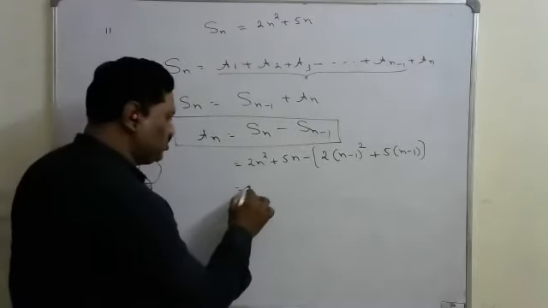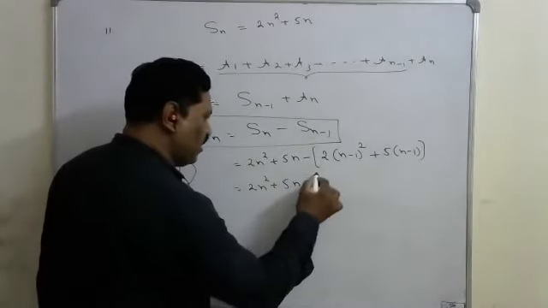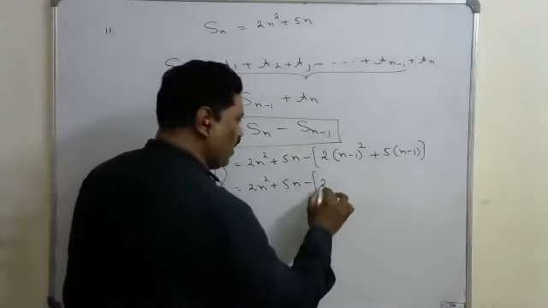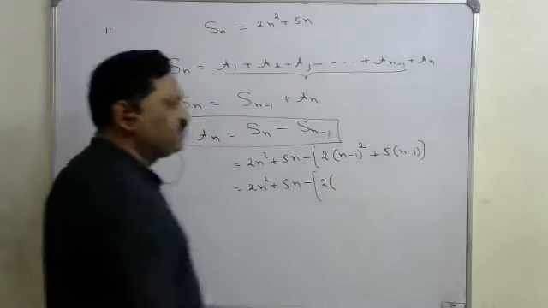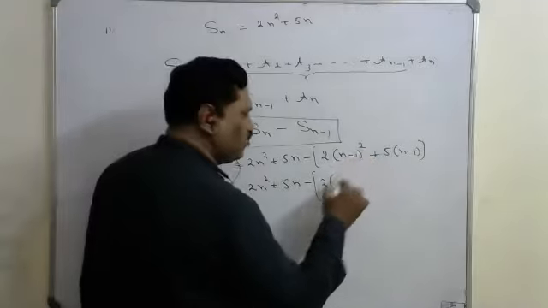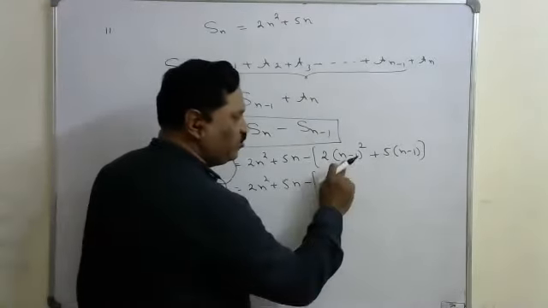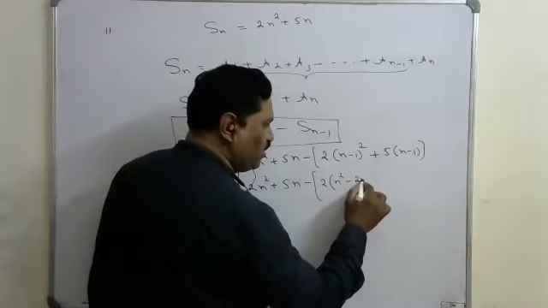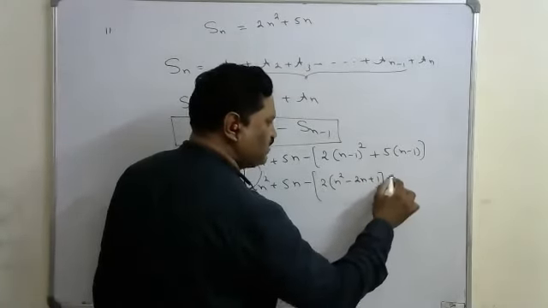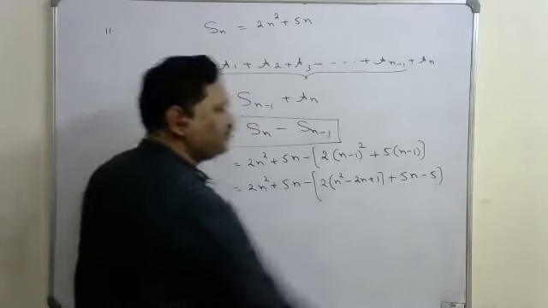To simplify this, which is 2n square plus 5n minus of 2 times, we will expand n minus 1 whole square. This is a minus b whole square, that is a square minus 2ab, 2 into n into 1, that is 2n, plus 1, and multiply by the 5 here, 5n minus 5.